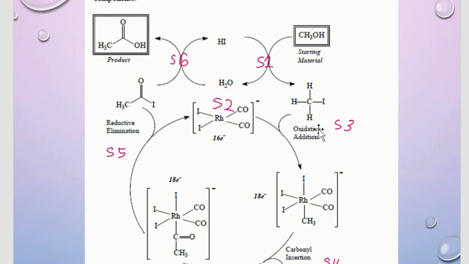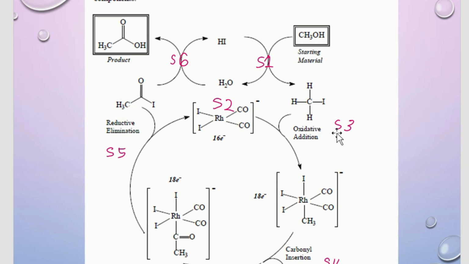Here is the mechanism for the production of acetic acid. The last slide just showed the two reactions, the first step and the last step. This one is more detailed about the production of acetic acid.